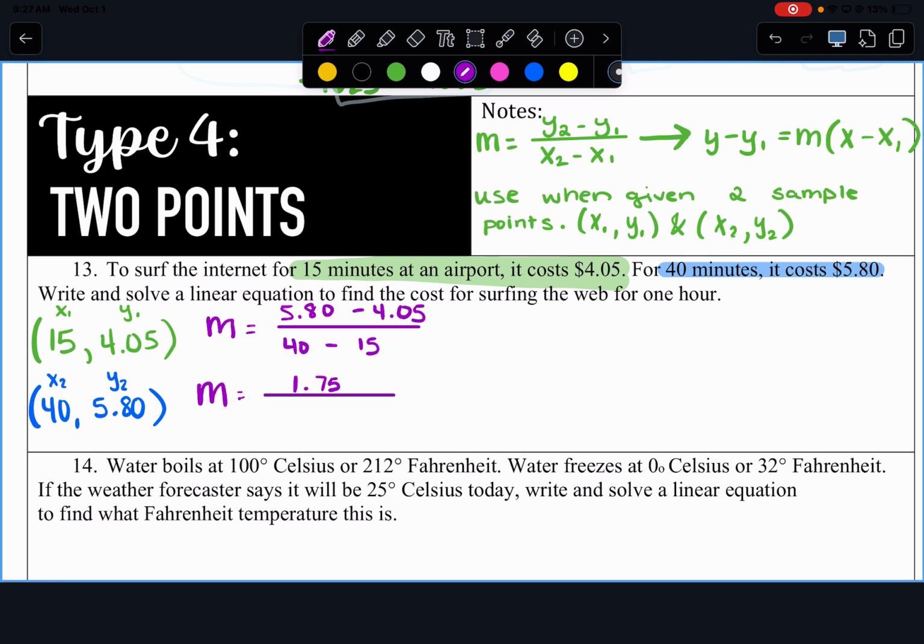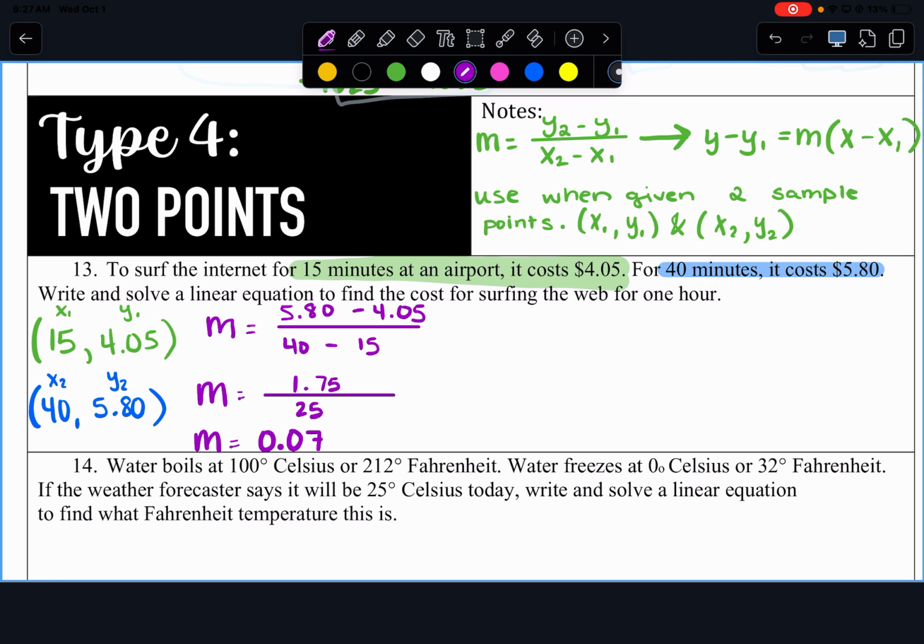What's the denominator? So our slope is what? That's 25. What is our slope? 0.07. Just put it in your calculator and it'll tell you.